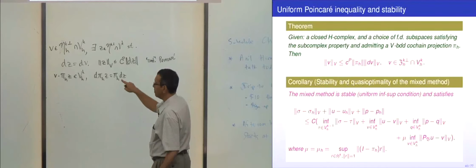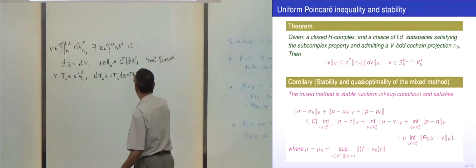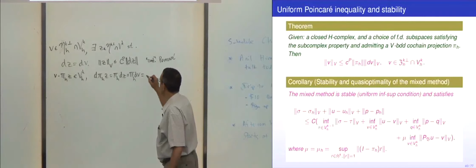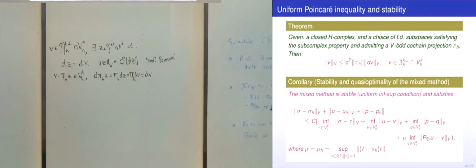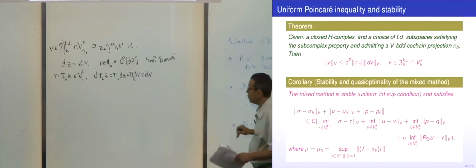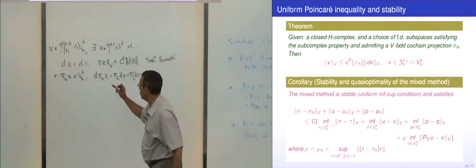And dz is the same as dv, so this is pi^h dv. But v is in the subspace, and therefore dv is in the subspace because we have a subcomplex, so this is the same as dv. So I used right here the commuting and subcomplex property. And I also use the fact that we have a projection. So I use almost everything right there.